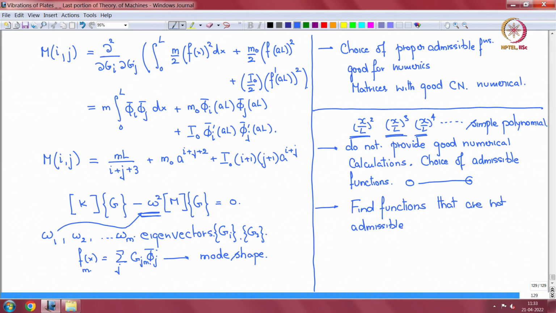They are strictly not admissible. What do they mean? That is, they satisfy some boundary conditions, some of the boundary conditions.